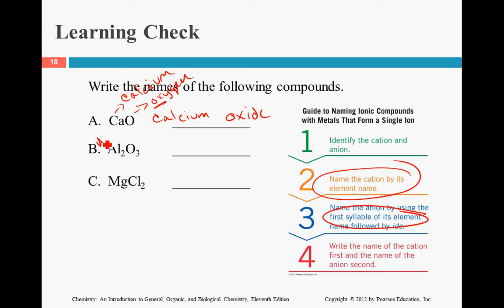Al is aluminum. O is oxygen. So it becomes aluminum, and then oxide. Mg is magnesium.